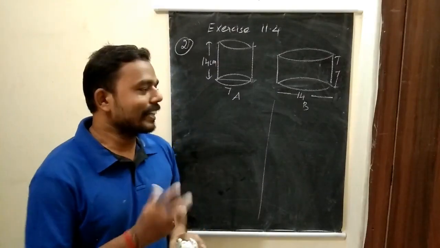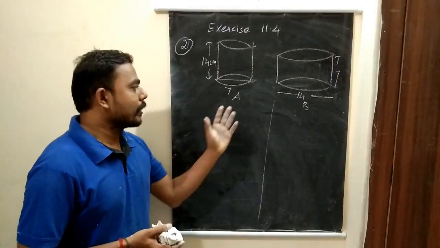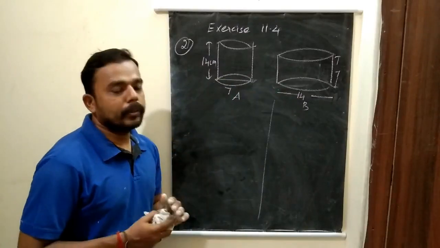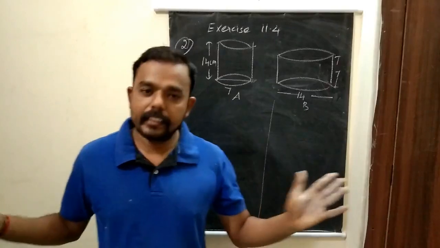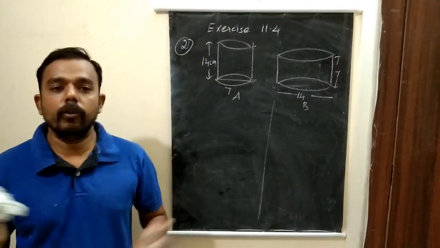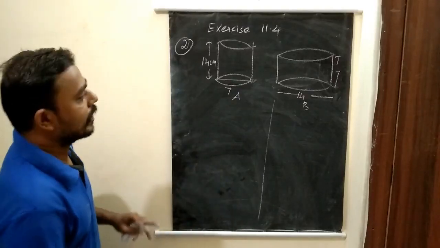So by the data they may be equal, but just think about the base. If the base increases, you can hold many things. This is a simple idea. Anyway, we can find that volume.